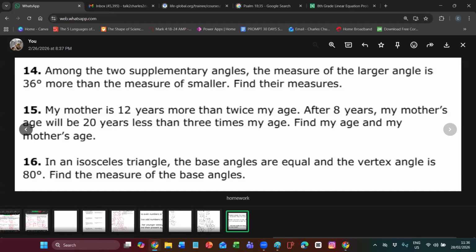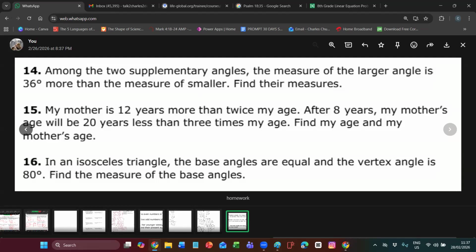I did x plus (x plus 36) equals 180. Okay, that's good. So that was how you were able to find x, and then you found the two angles, right? Yes, sir.